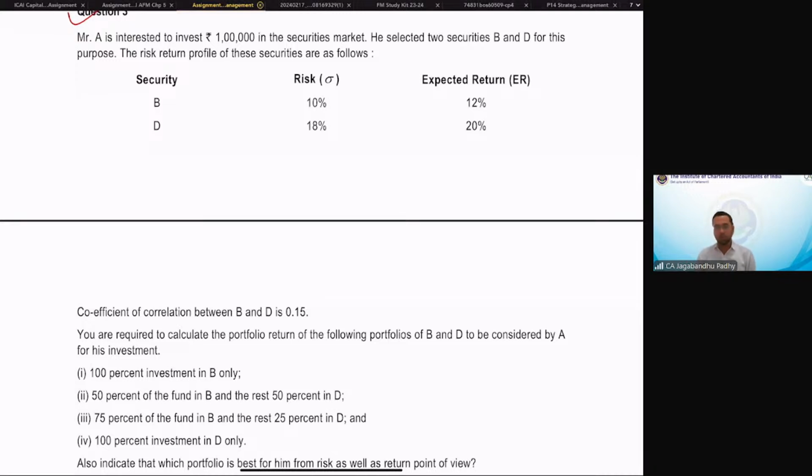He selected 2 securities, B and D, for this purpose. The risk return profile of these securities are as follows. There are 2 securities, B and D, where the standard deviation is given, and the expected return is given. Coefficient of correlation is given to us between B and D to be 0.15.